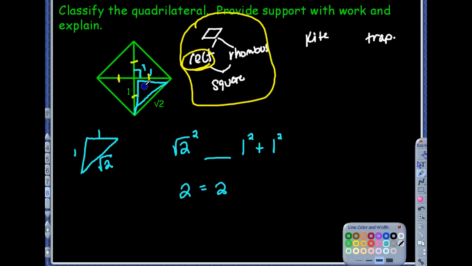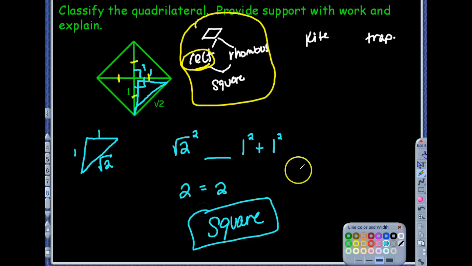That forms a right angle, which means it's going to be a square. Now, can I just say square because it forms a right angle? No. My explanation would be: I started off by saying the diagonals were congruent because that was given, and that means it is definitely a rectangle or a square.